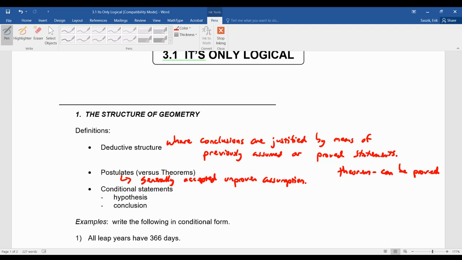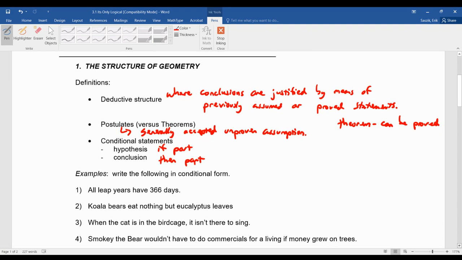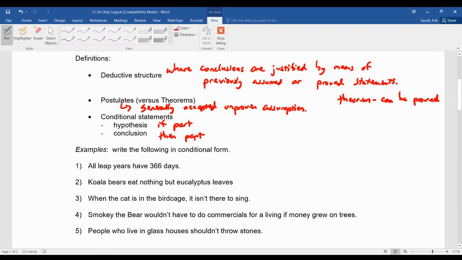The foundation of what we're going to be doing with deductive structure is we're going to be using the conditional statements. The hypothesis is the if part, and the conclusion is the then part. Something like if today is Tuesday, then tomorrow is Wednesday, right? So, we're going to be writing a lot of reasons in a conditional phrase.